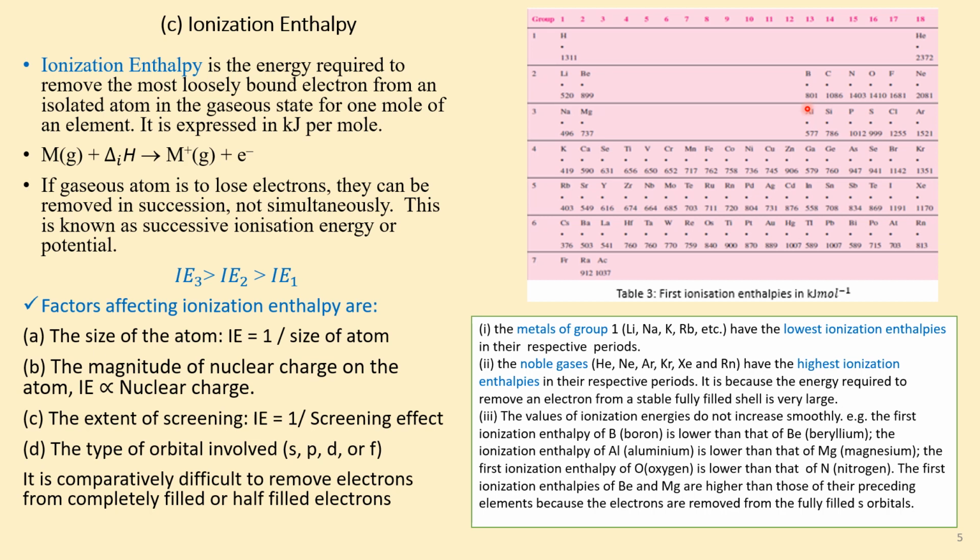The first ionization enthalpy of oxygen is lower than that of nitrogen. The first ionization enthalpies of beryllium and magnesium are higher than those of their preceding elements because electrons are removed from the fully filled orbitals.